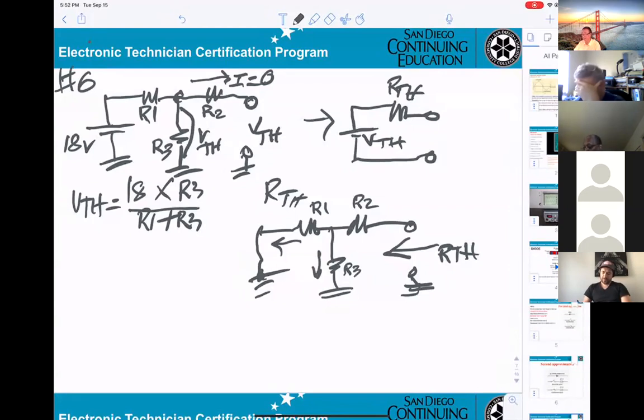They're telling me R1, R3 parallel, then series with R2. Right. So R Thevenin equals R1 parallel R3, then adding R2. You understand it? See, that's easy.